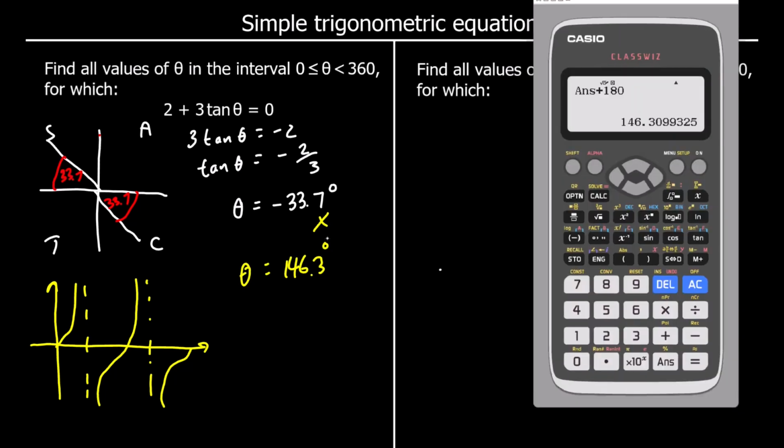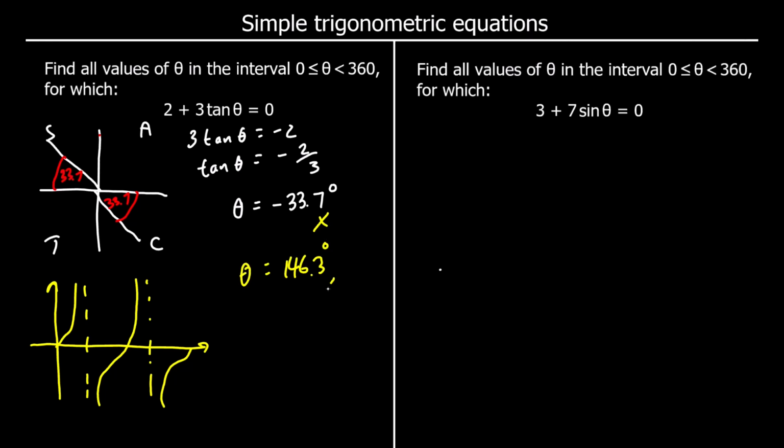And then plus 180 again, 326.3. So when we've got tan, it just repeats every 180 degrees. So you get your first answer, plus 180 for the second one, plus 180 again for the next one, and it's just repeated every 180 degrees.